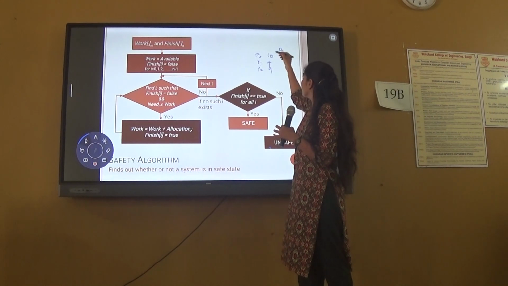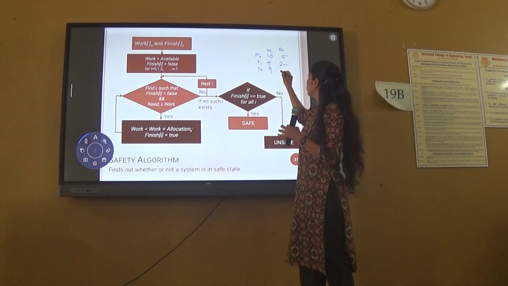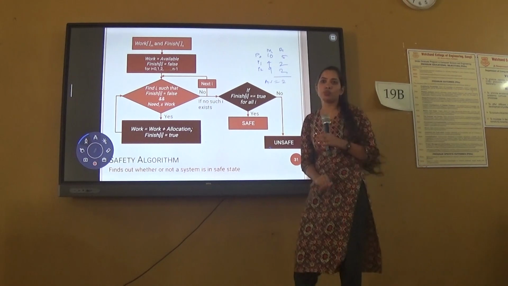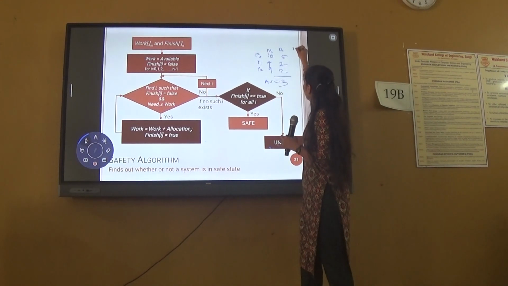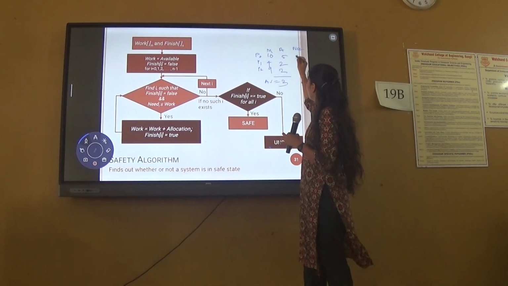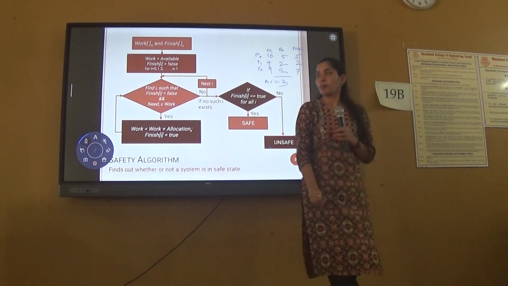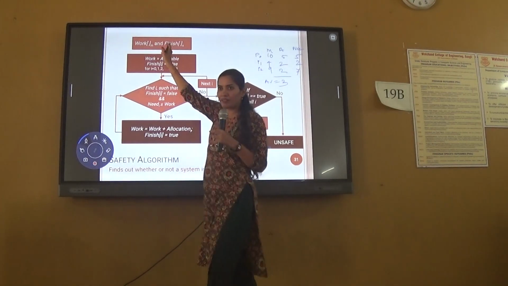Allocation is 5, 2, 2 in the first scenario. How many are left? Available is 3. So the need matrix means max minus allocation: 5, 2, 7. Work and finish are the two variables we declared.